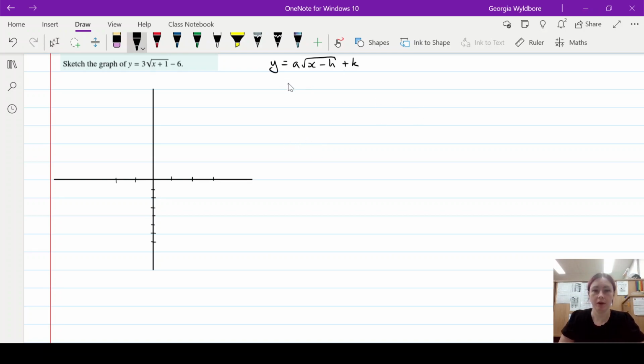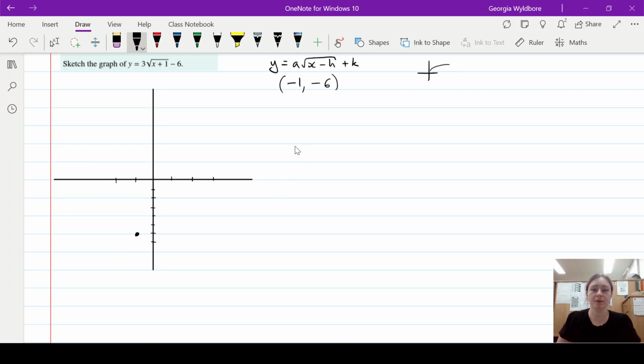So we know that our value of h is going to be -1, and our value of k is going to be -6. So that's our endpoint, what would be the vertex. We can see this is positive. We've not reflected anything here, so we know that we are looking for the upper arm of this graph. So if we go to -1, -6, it's going to be about there. So we're going to have our endpoint there.